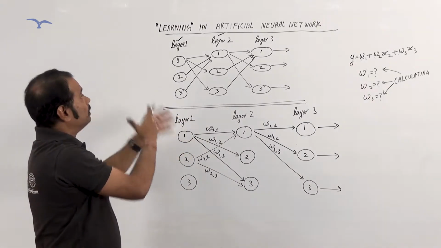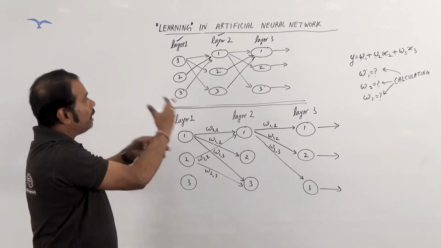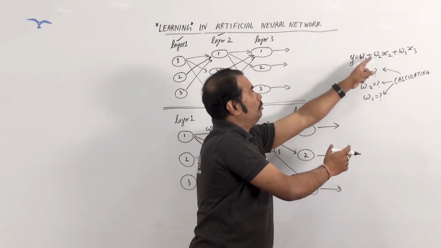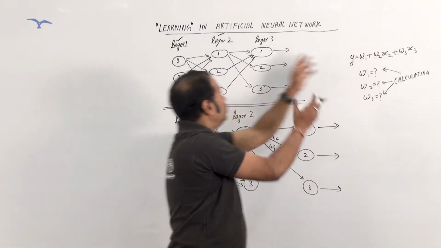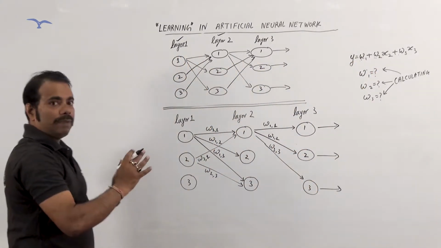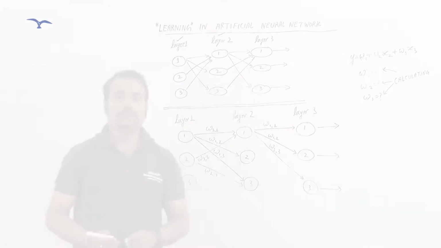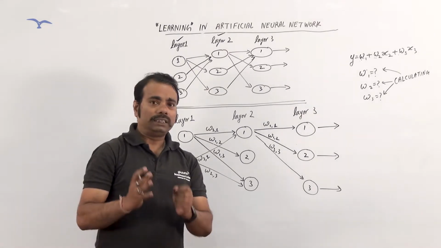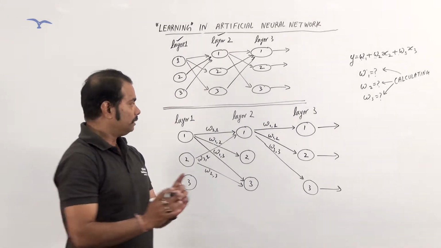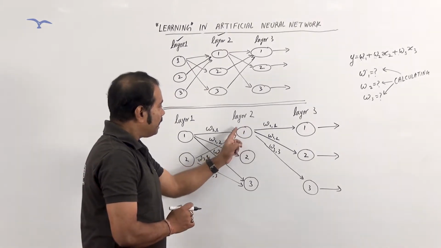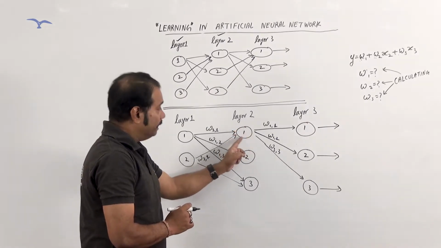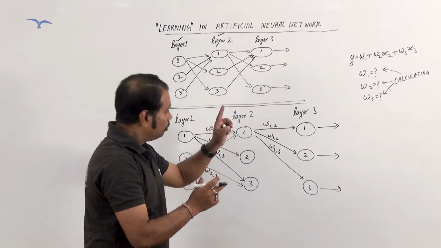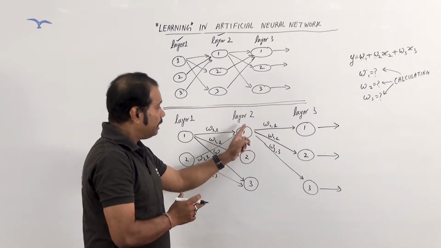But then, what do we learn? What do we try to calculate here? Like this, we calculated the values of W1, W2, W3. But what do we calculate here? That's the main part of this video. In case of artificial neural network, we actually have 3 things to learn. First of all, the sum that happens inside a neuron, we can adjust that. We can also adjust the threshold function.